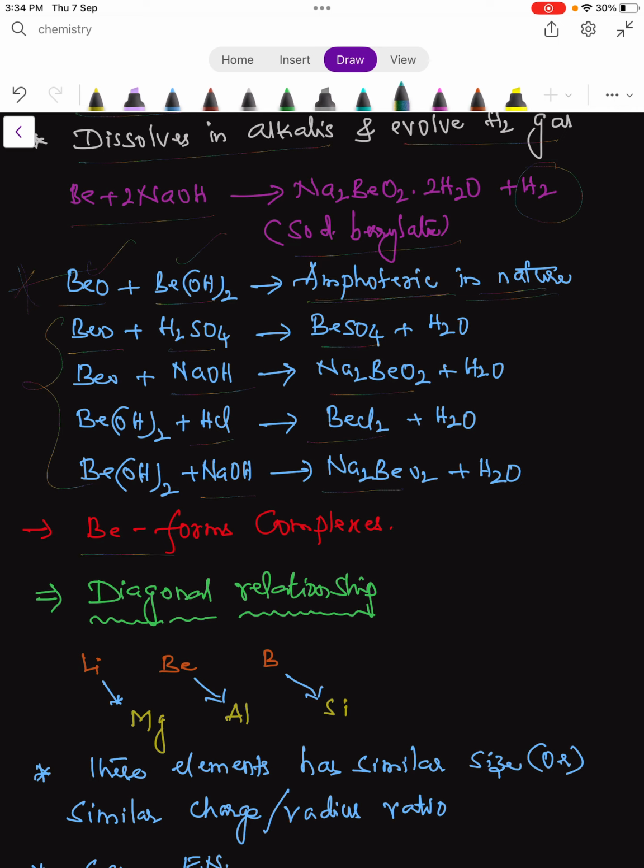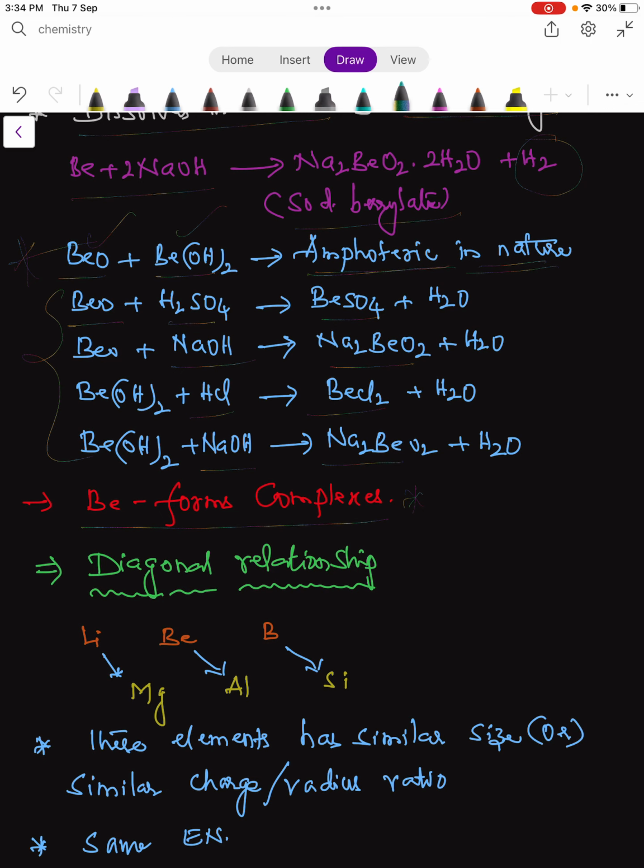And beryllium forms complexes. This is a very important point. Why is beryllium forming complexes? First, we discussed that to form complexes, three important properties it should possess. Okay, what are the three important properties? The size of the atom should be small, right? If the size of the atom is small, what happens?